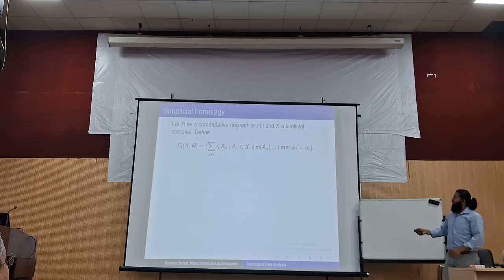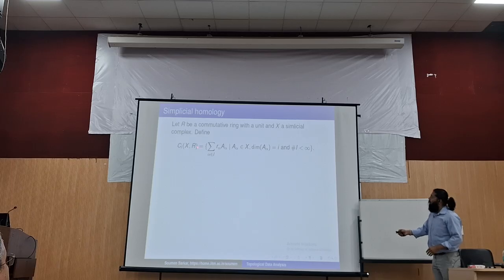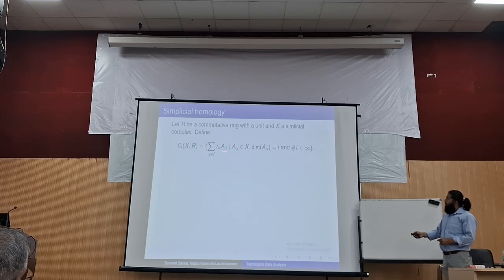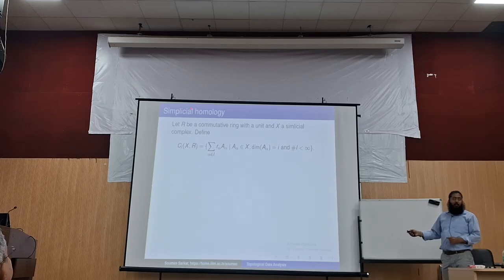Is it okay? So what structure does it have? It has a ring structure here. Given a set, we can take the formal sums of its elements, because if we add two of them, again it is a formal sum. And if we multiply by a ring element, it is again there. So it satisfies the conditions of a group.